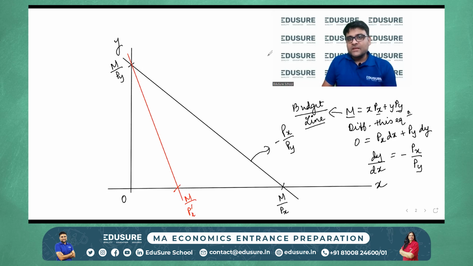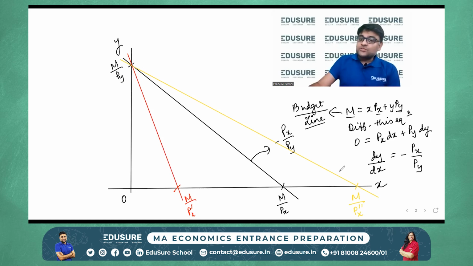Similarly, what happens if I have a lower price? A lower price will basically mean that my intercept increases. Say the lower price is px double dash. So if my x price increases, my budget line becomes steeper. If my x price decreases, my budget line becomes flatter.